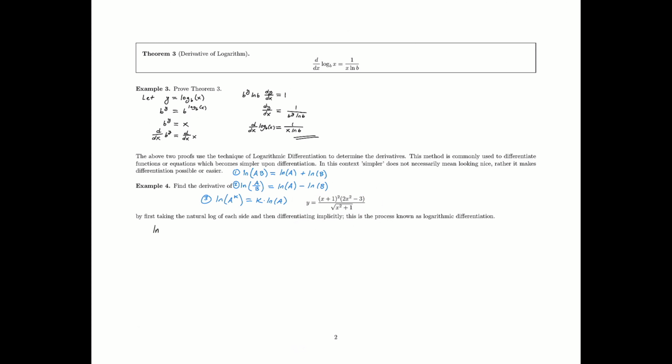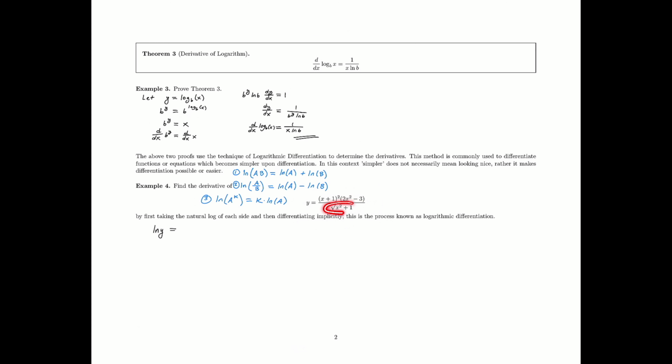So take the natural log of y equals, and now when we use these 3 laws or properties of logs, we can use more than one of them at a time. For instance, in the numerator we've got 2 things multiplied together. So we can split this up into the log of this first term plus the log of this second term.